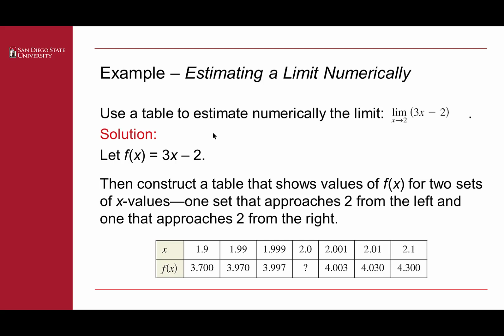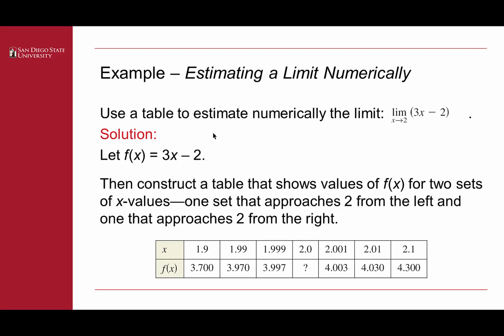And if we prepare the table and start making calculations, we will see that the results will concentrate on one number. The results will point out a specific number for the limit.